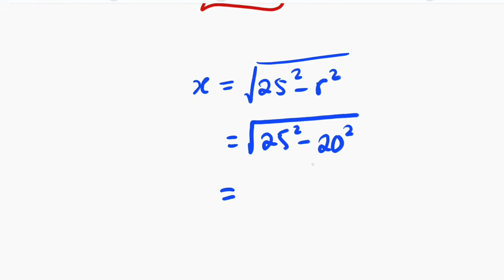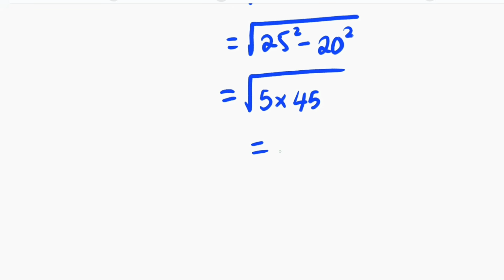And this is equal to 25 minus 20, or should I use my calculator? 25 minus 20 is 5, multiplied by 25 plus 20, this is going to be 45. This is going to be 225, right? 225. So what is square root of 225? Indeed, 15. Oh, so x is equal to 15.